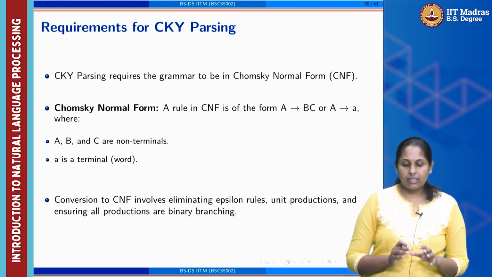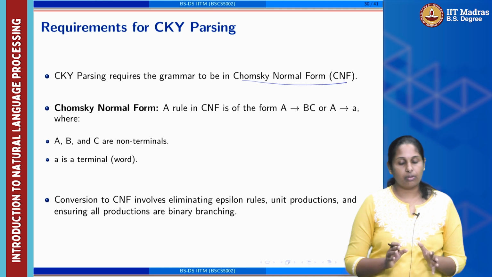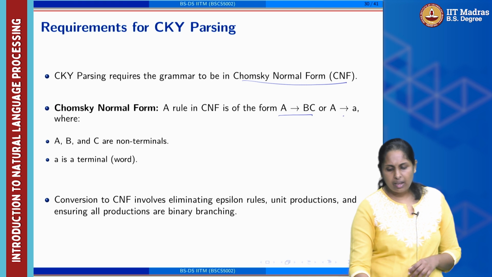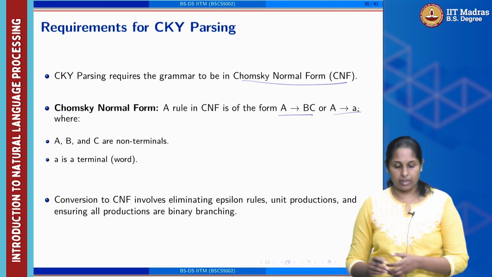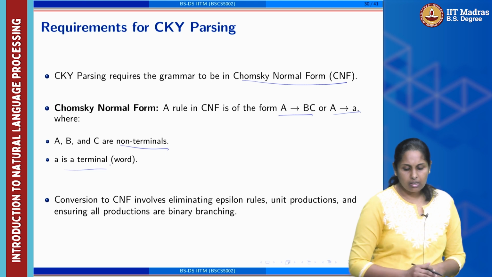For example, it requires the grammar to be in the CNF format, which we already know about, where A is written as BC, or A can be a terminal, where A, B, C are non-terminals and a is a terminal.